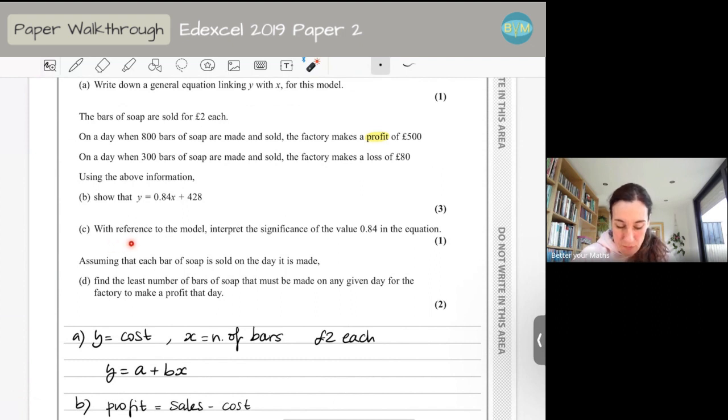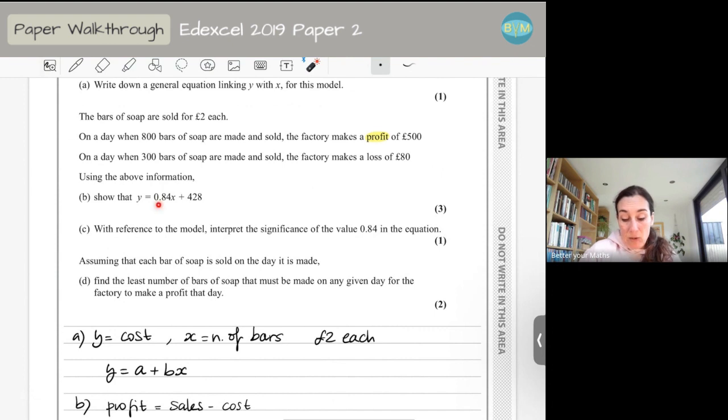C. With reference to the model, interpret the significance of the value of 0.84 in the equation. Again, typical question when you have a straight line. The 0.84 is the gradient, and the gradient is telling me how much the y changed. So remember, gradient is change in y divided by change in x. You know that. But when you have a context for the line and a wordy question like this one, a modeling question, you have to say something more specific to the question.